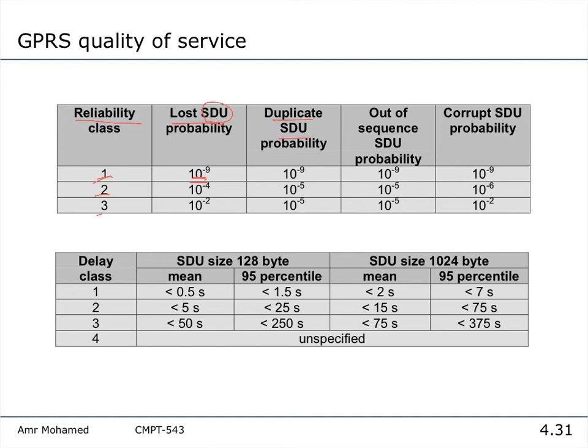Okay? So every 10 to the power 9 packets, you lose 1 packet. So this is a very high level of reliability. Okay? So class 2 is less reliable. Class 3 is even less reliable.